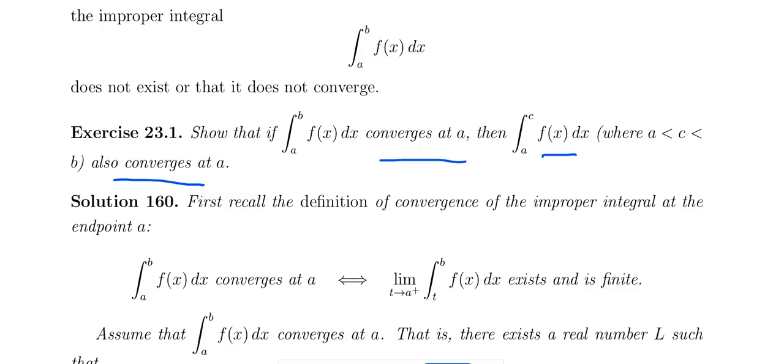So if integral 0 to 1 dx by x cube converges at 0, then the integral from 0 to any point in between also converges at the same point 0.